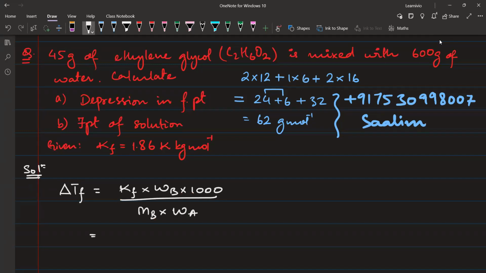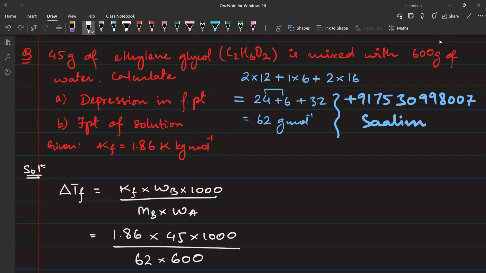So even if you are going to write this, in school you will not get any marks for just this, but in boards most probably you will get 1 mark or half mark. Kf, if you plug in the values, you will get another half marks, 1.86 into WB, that is 45 grams multiplied by 1000 divided by the molar mass of the solute, which we have calculated as 62, multiplied by the mass of solvent, that is 600 grams, like this.